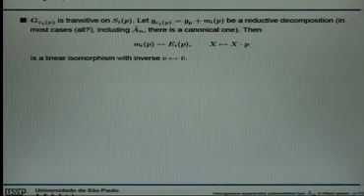And in fact, there's a canonical one. In most cases, maybe in all cases, including in particular A and tilde, there's a canonical decomposition like this. And then we have a correspondence between elements in the Lie algebra here and vectors in E_i given by just the action of the Lie algebra. And this is a smooth action, of course. And then we have this decomposition, a linear isomorphism.